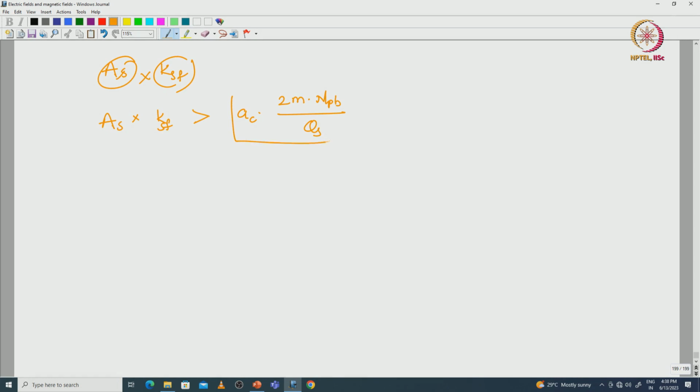So, the copper area of all conductors should be less than the slot area times the slot fill factor. This is the window check, equation number 24. At the end of the stator core design, this equation should be valid.